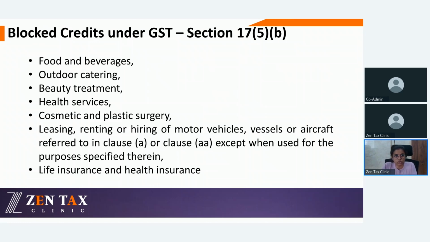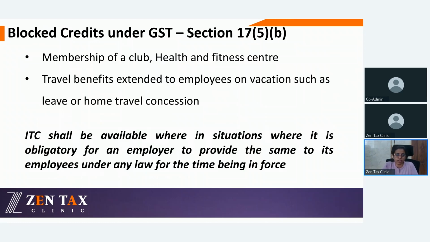Then life insurance, health insurance, and in the case of a club, health and fitness center, the membership pertaining to that, and the travel benefits extended to the employees. In all of this, if there is an obligation on an employer to provide these services to the employees under any law, then for that, ITC is eligible. So this is prescribed under that.